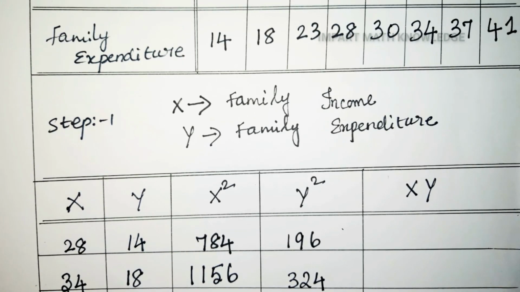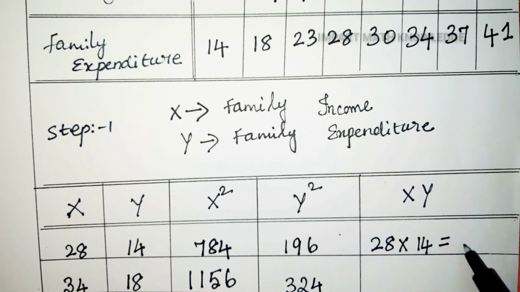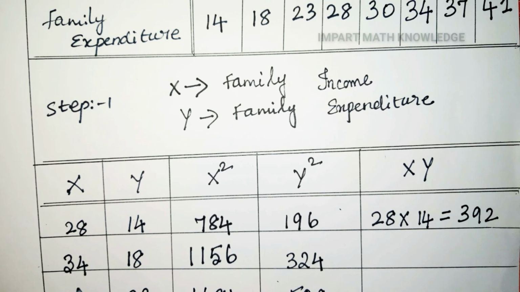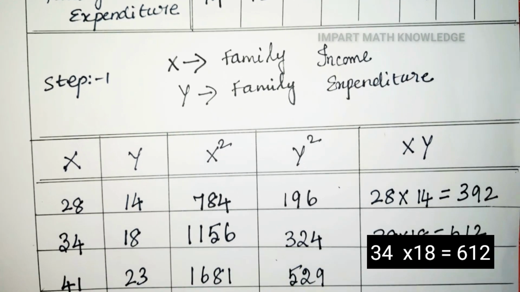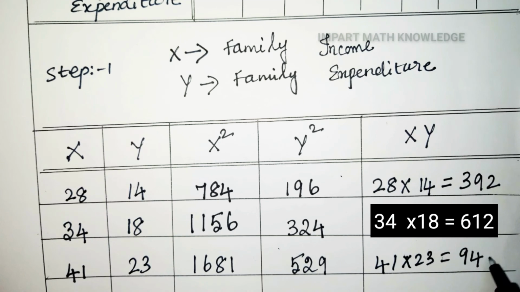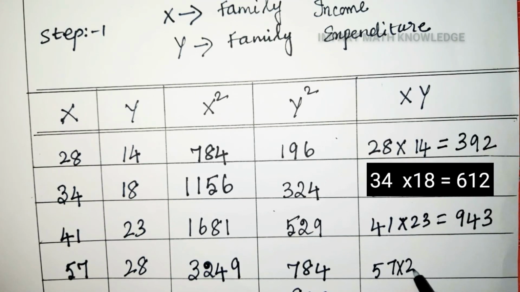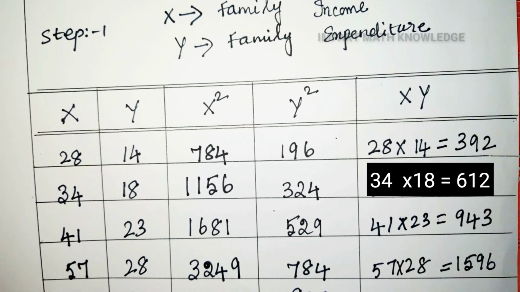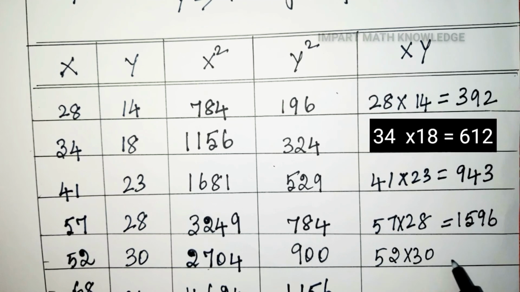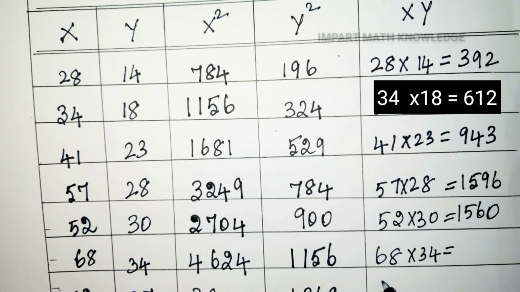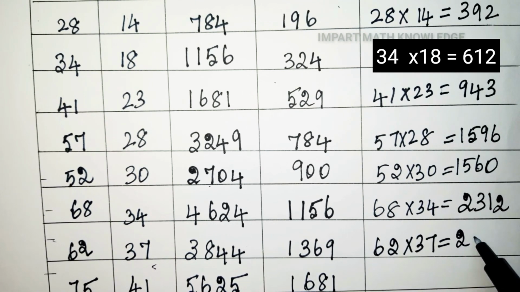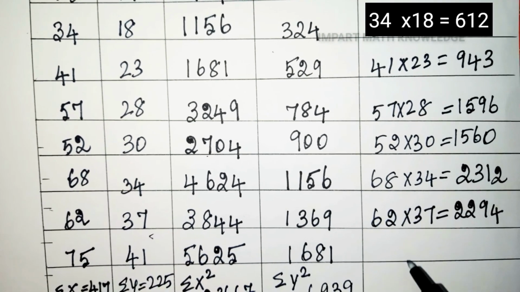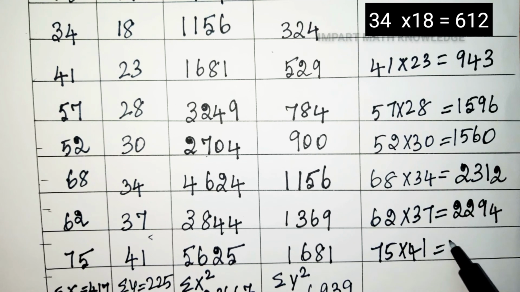6939. Find xy. 28 into 14 is 392. 34 into 18 is 612. 41 into 23 is 943. 57 into 28 is 1596. 52 into 30 is 1560. 68 into 34 is 2312. 62 into 37 is 2294. 75 into 41 is 3075.